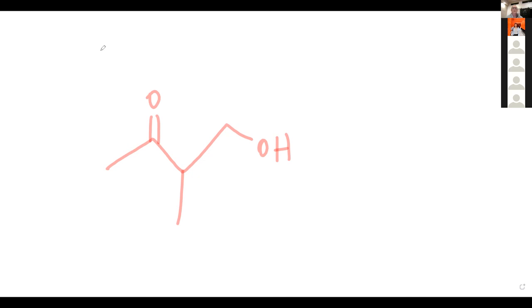So what's the longest run of carbons? Four, right. So you have 1, 2, 3, 4. How many functional groups do we have? No, how many constituents do we have?